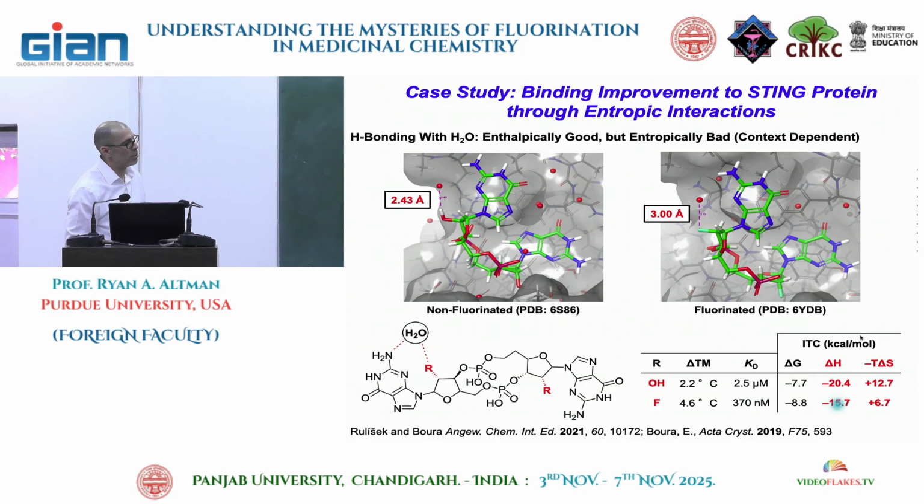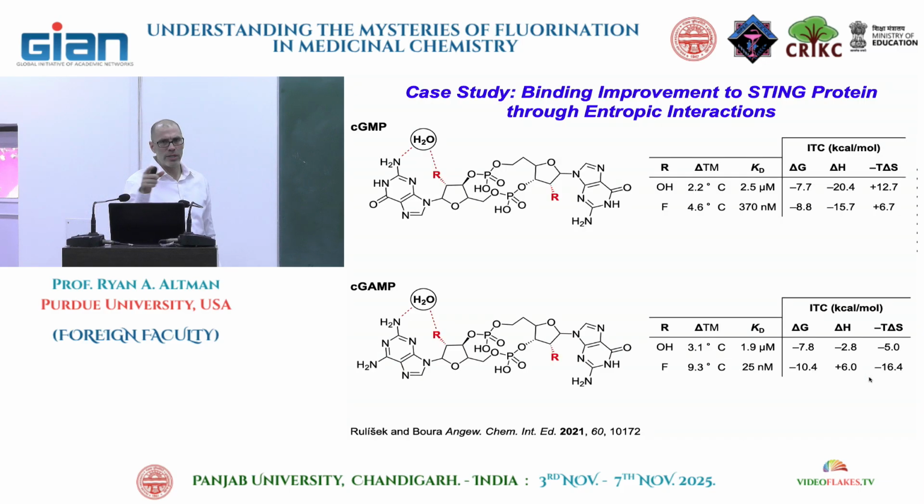You can see that it's almost 5 kcal per mole better. But the entropic term was better for the fluorine, and the change in entropy was sufficient to make the fluorinated compound a more potent compound. So the data is telling you that it's the entropy that's a lot better here, even though the enthalpy is better here on the hydroxyl.